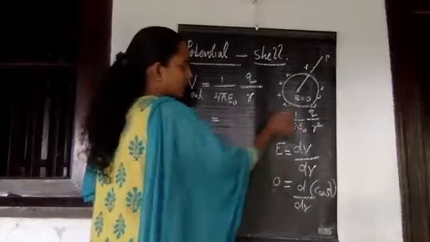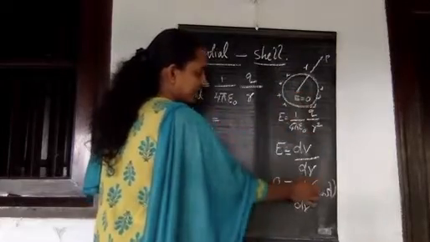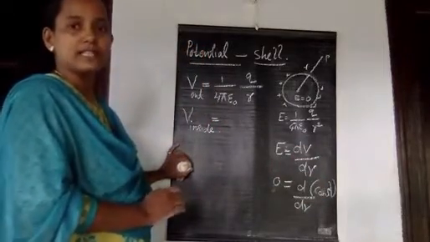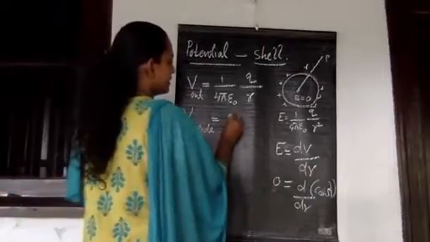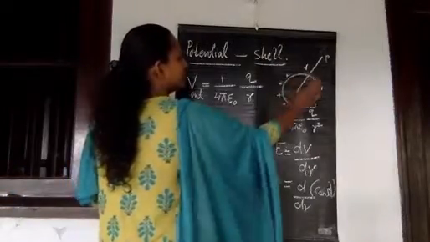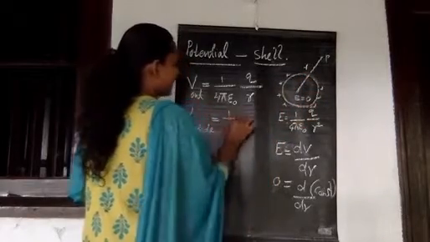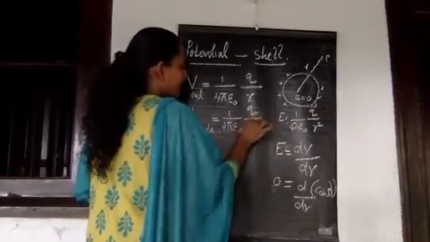So field is 0 inside the spherical shell, which means the potential is a constant value inside. And the value of the potential inside is equivalent to the potential on the surface, that is 1 by 4 pi epsilon 0 Q by R.